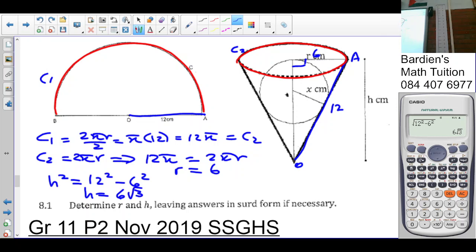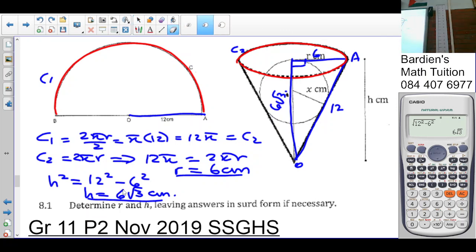So that height is 6 root 3 centimeters. And since the question says I must leave the answer in simplified surd form, I leave it like that. Okay, you guys understand? So the h is going to be 6 root 3.